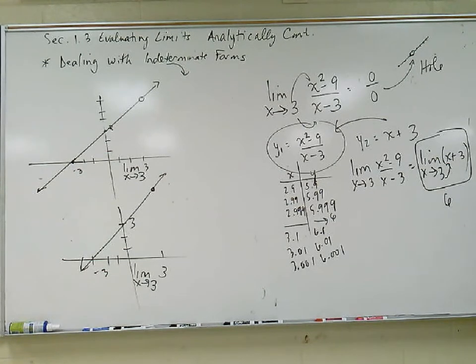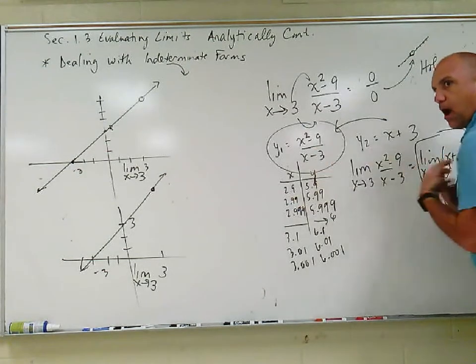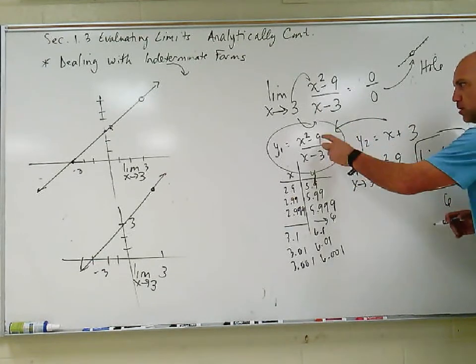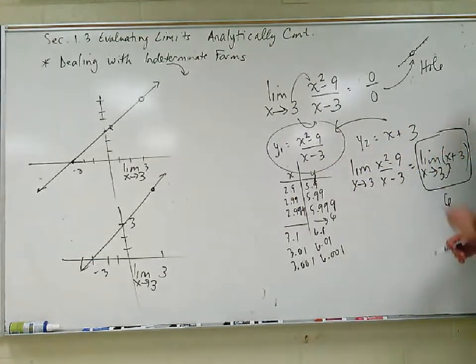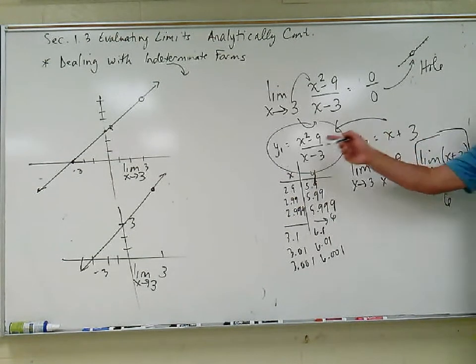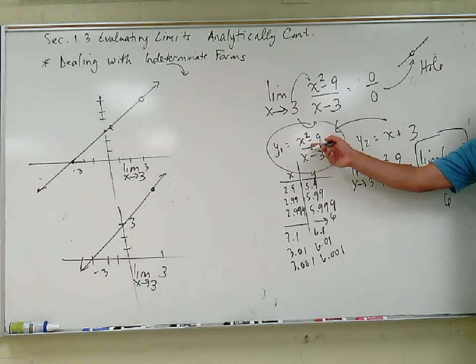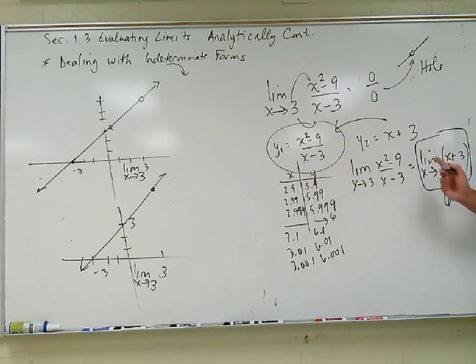So the question is this: how are we going to know, without drawing the picture, that this graph and this graph are sisters, as I call them? How do we know that they have that relationship? This is where you use skills that you've learned in algebra. What skill can I use to show that this equation and this equation are so closely related? Factoring. That's exactly right.